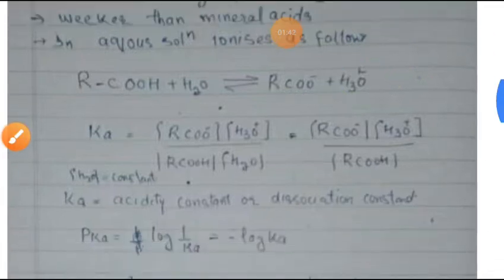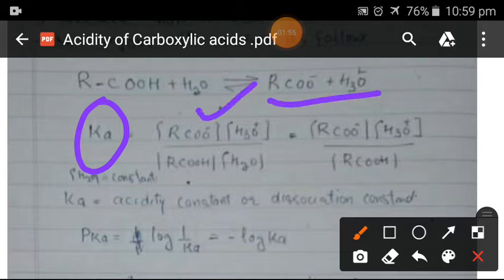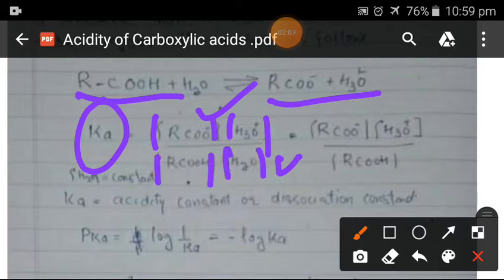So let us now measure the dissociation constant, or acidity constant, of carboxylic acids. Here we take the concentration of the products in the numerator and the concentration of the reactants in the denominator: the concentration of the carboxylate anion, the concentration of the H3O positive ion, and the carboxylic acid, and the concentration of water. Clear?